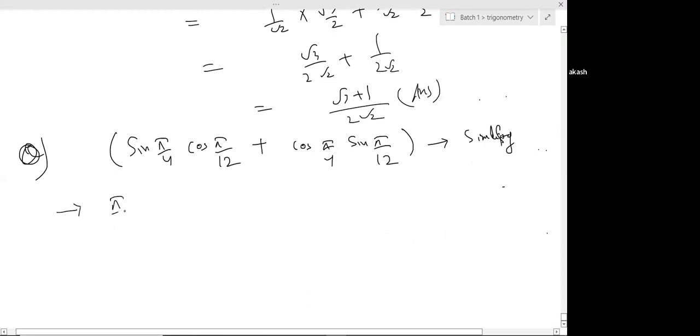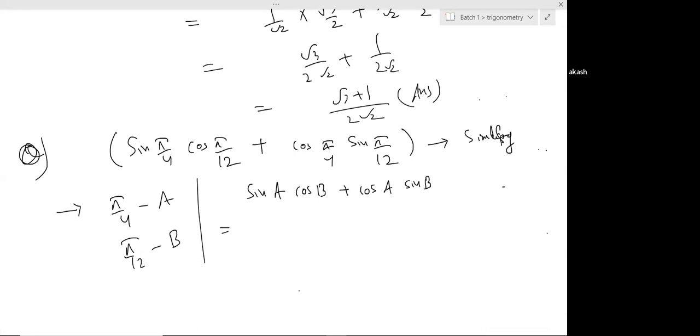Gautam, if you take pi by 4 as A and pi by 12 as B, can we rewrite this as sin A cos B plus cos A sin B? Can we write this? Gautam, Abdul, Arsalan. Yes, sir. All right.